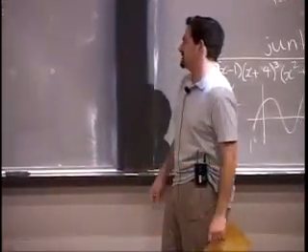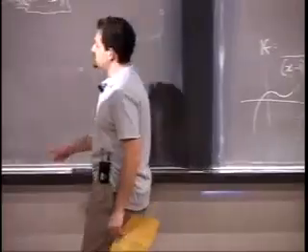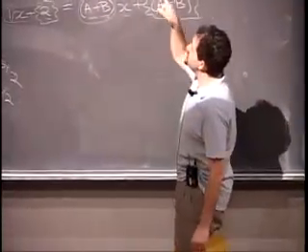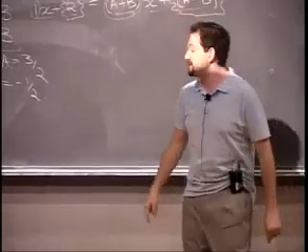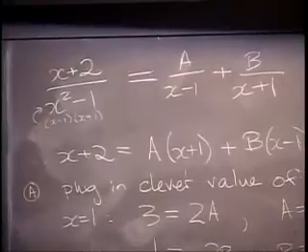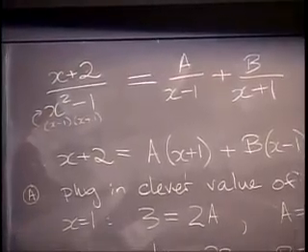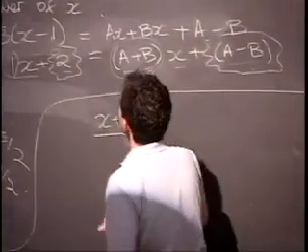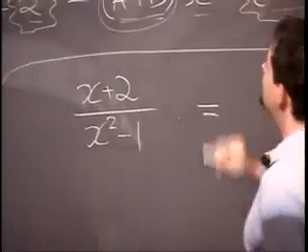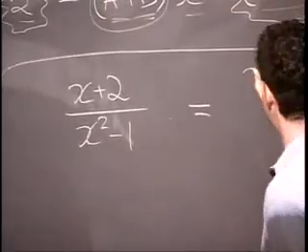In any case, with that omission, let me just tell you what to do when you've found these things. Go back up to the equation, which is unfortunately right at the top of the board here. Maybe we could just look at it for a second. We now know what A and B are. So rewrite that equation. x plus 2 over x squared minus 1 equals A, which we now know is 3 halves.